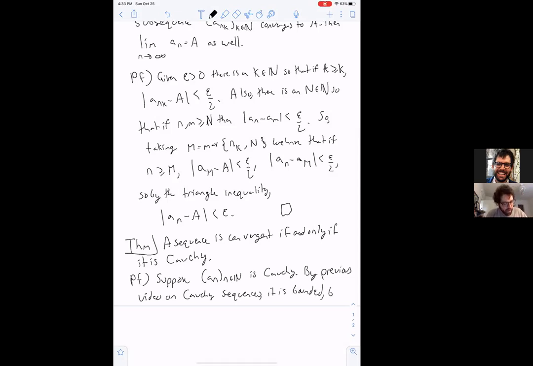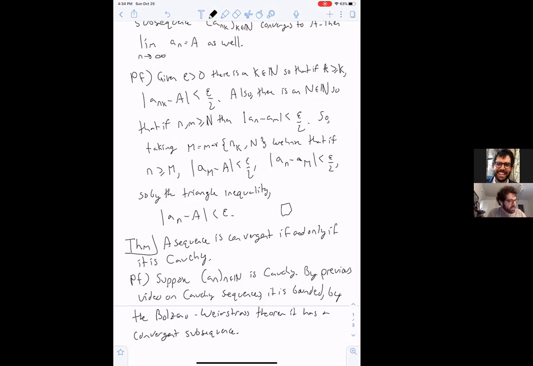Then by the video on subsequences, the theorem we named Bolzano-Weierstrass, it has a convergent subsequence, because we said that bounded sequences have convergent subsequences.